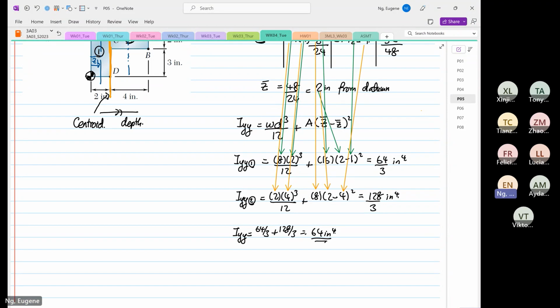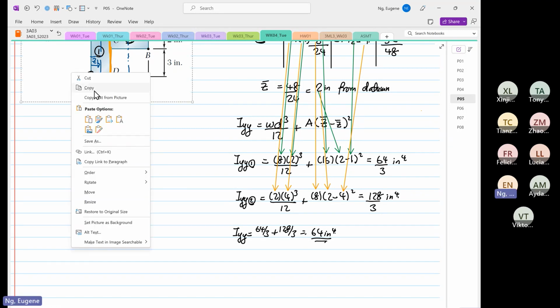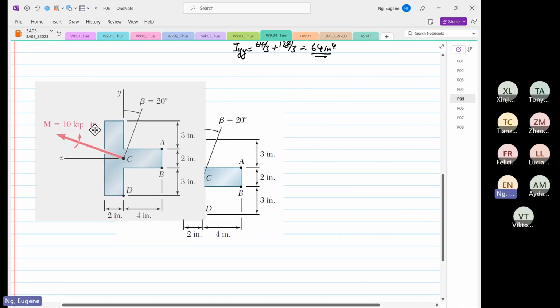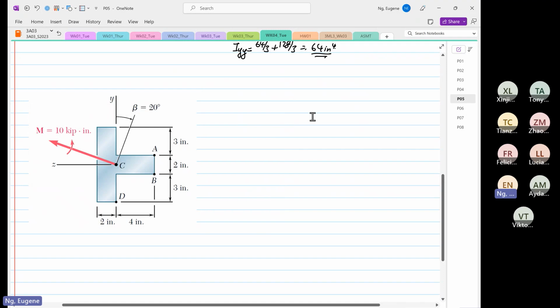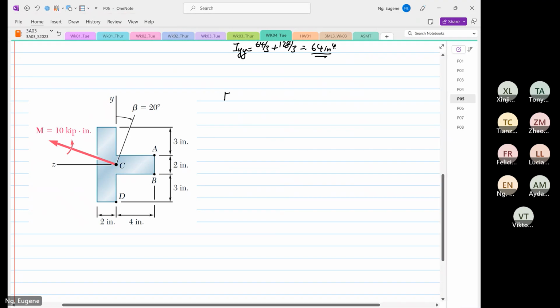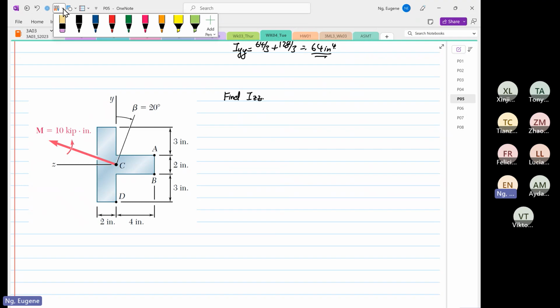Okay. So now the next thing we have to do is determine IZZ. Okay, so now IZZ is more straightforward. I'll tell you why later on. So now we are interested to find IZZ. Okay, so IZZ axis is this axis that I'm going to sketch in orange.